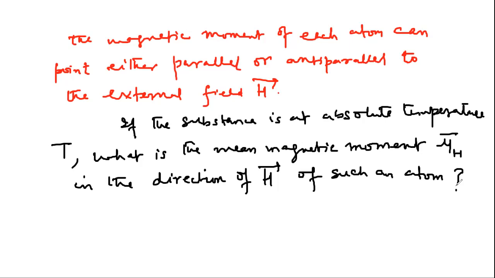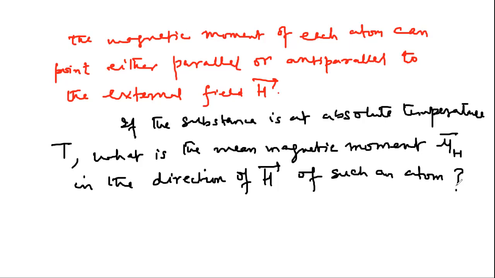Understand this point. So we're considering a single atom as a system, and all other atoms in the substance or other degrees of freedom which are relevant here form the heat reservoir. So our atom, which is our system, is the same as the system A which we considered last time, and A dash was our heat reservoir.